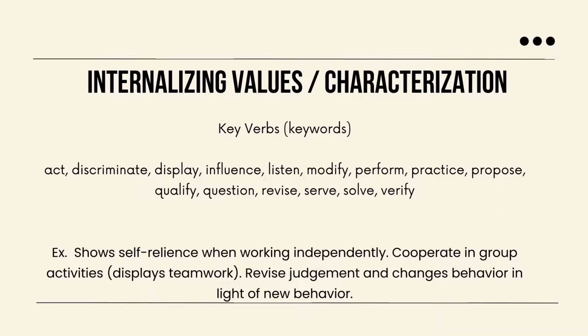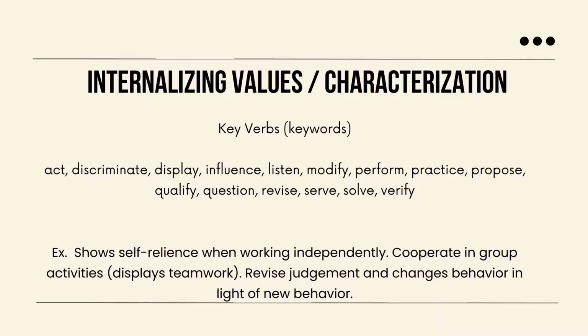Lastly, the highest level of the affective domain is internalizing values or characterization. At this level, the learner will completely internalize his or her values and behave in accordance, and can articulate a philosophy or worldview. In short, letting the learned behavior become a part of you. For example, the student shows self-reliance when working independently, cooperates in group activities or displays teamwork, or revises judgment and changes behavior in light of new evidence.